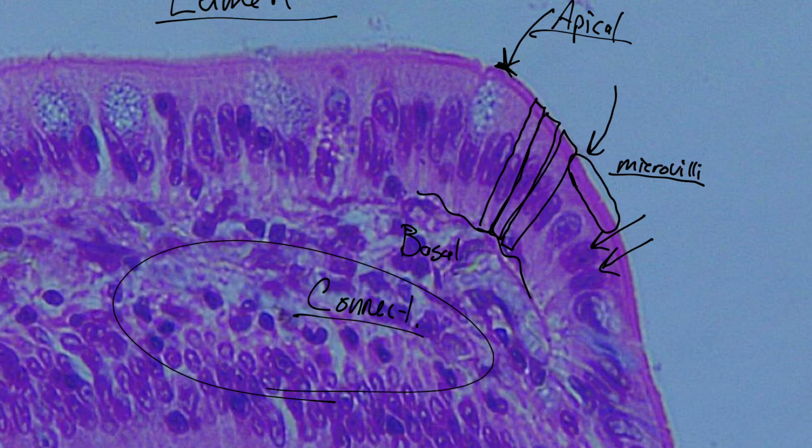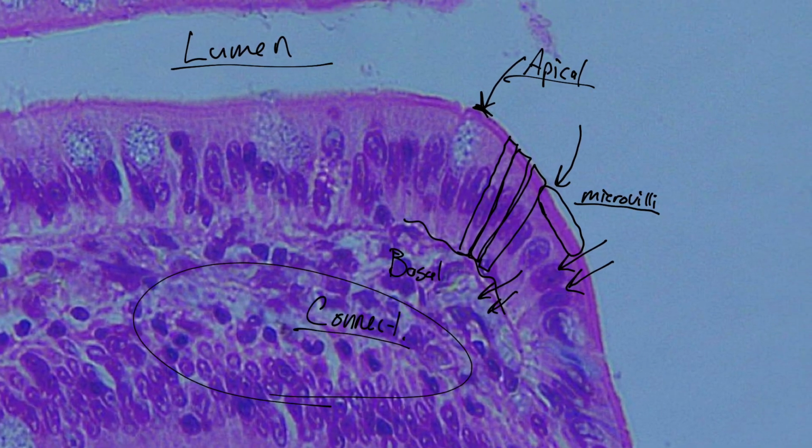And then the basal side of the cell is exporting them into the blood vessels underneath that are in this connective tissue. Okay, so we say that they're polarized because this side, the apical side, looks different and functions differently than the basal side. Right, the apical surface is supposed to be pulling nutrients into the cell. The basal side ships those nutrients out of the cell into the underlying blood vessels.